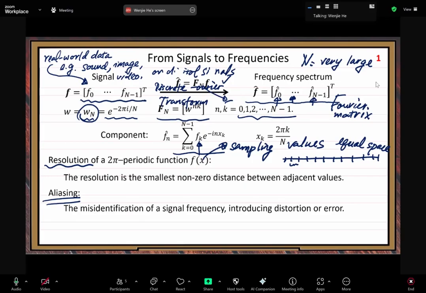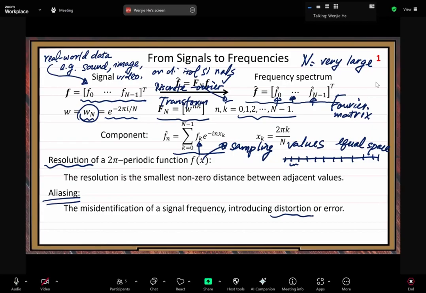In that situation, when you do the processing, you may have the misidentification problem, because your estimate could be wrong, right? Your calculation is not good enough, then you see the distortion.